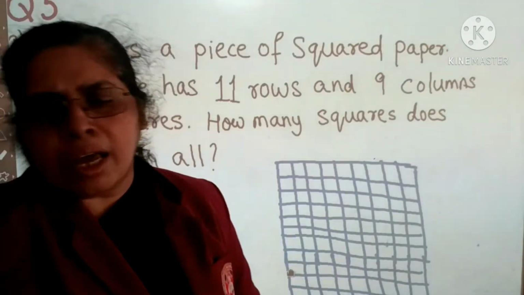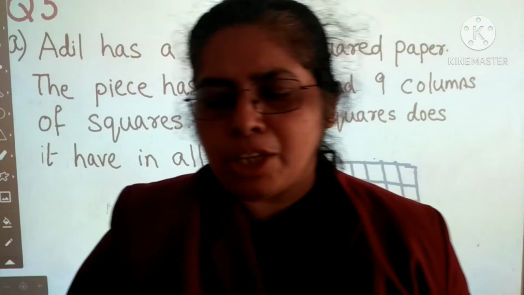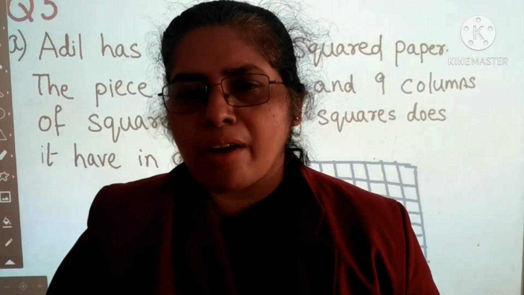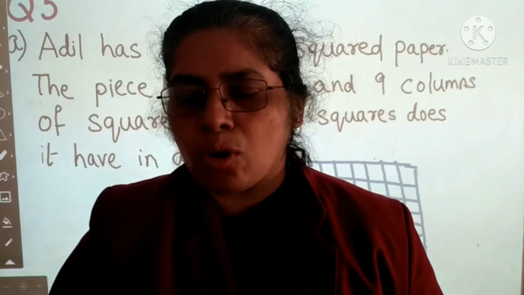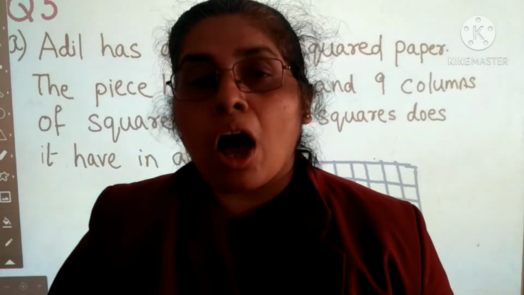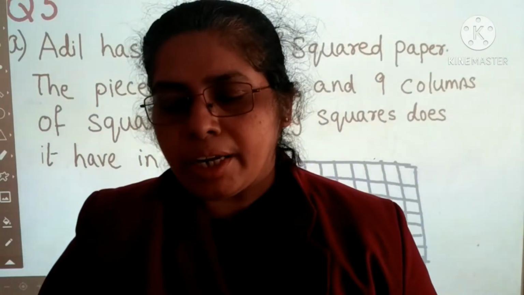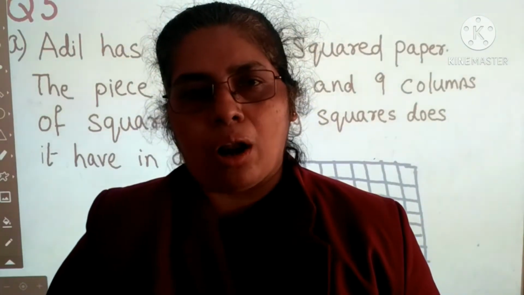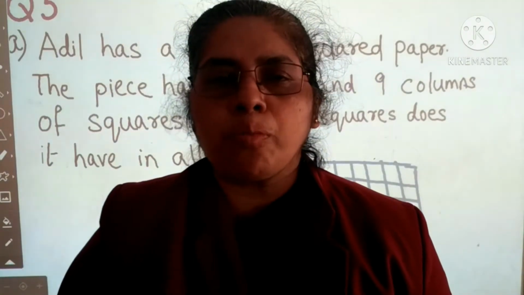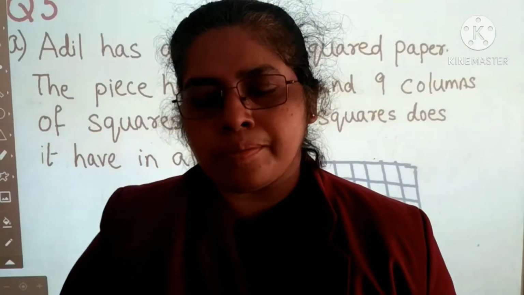So Adil has a piece of square paper. It has 11 rows and 9 columns of squares. How many squares does it have in all? You have to find how many squares in all.